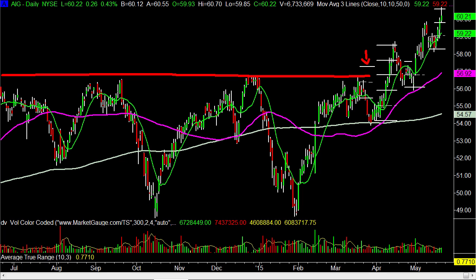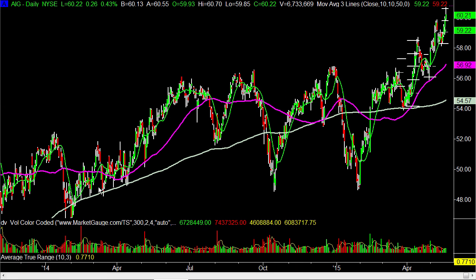Now I didn't know that it was going to break out. I was just anticipating that it might, and hoping that it would, because as you can see, it had gone from a nice uptrend to a massive consolidation, and now it was bumping up against that breakout.